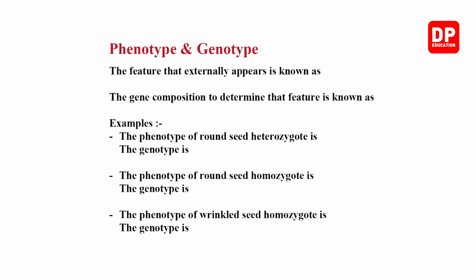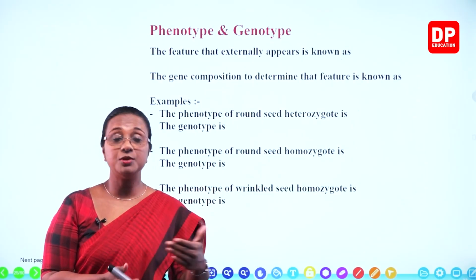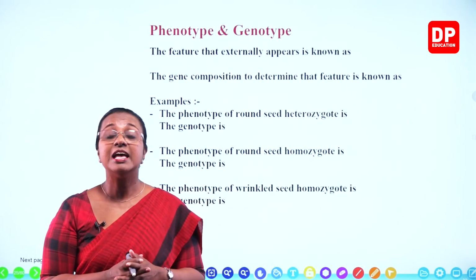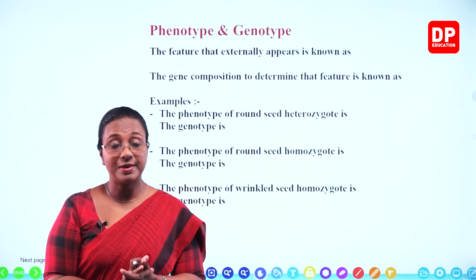Phenotype and genotype. I have explained this term before also. Now again going back to Mendel's experiment. You can remember he used the parent generation, pure breed tall plants and pure breed short plants. When they were allowed to cross-pollinate and produce the next generation, that is the F1 generation, all the plants were tall plants.